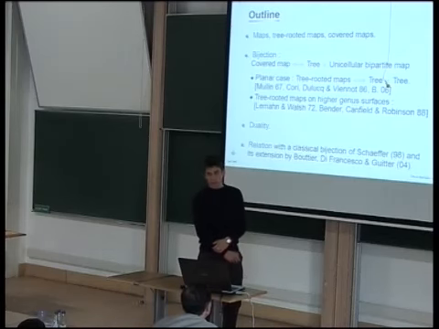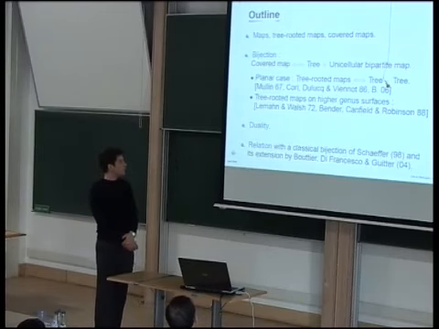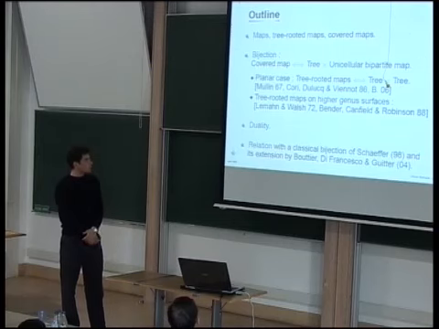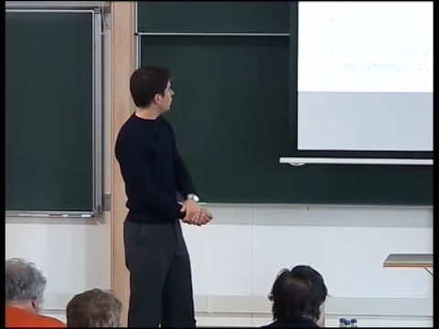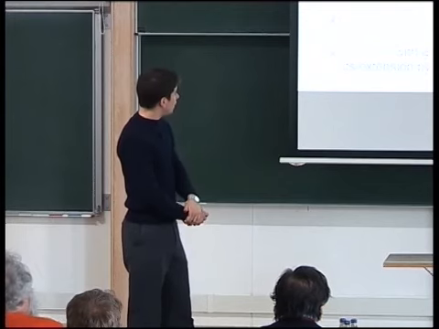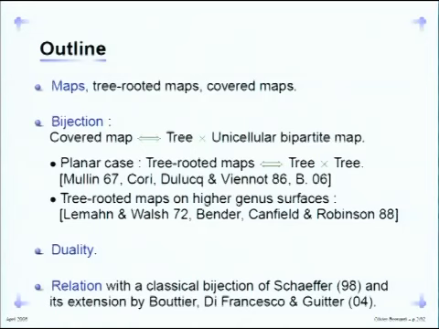But this bijection is indirect, so it goes through a parenthesis shuffle, and then it makes a recursive bijection to find a pair of trees. And a more direct way of doing it was given here. And these are other people that worked on tree-rooted maps on higher genus surfaces. But on higher genus surfaces, what I will talk about, covered maps, are a bit different.